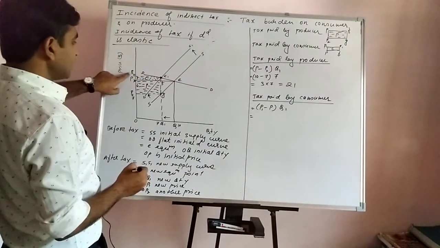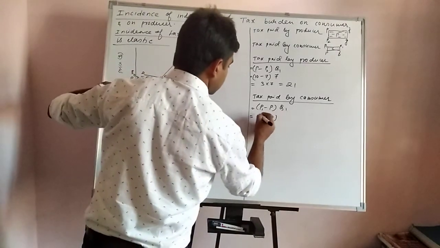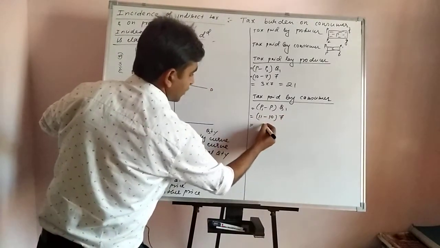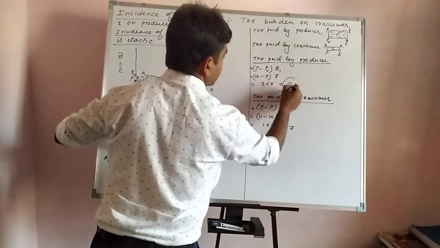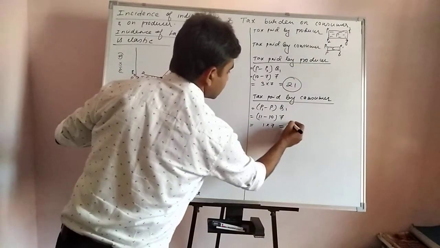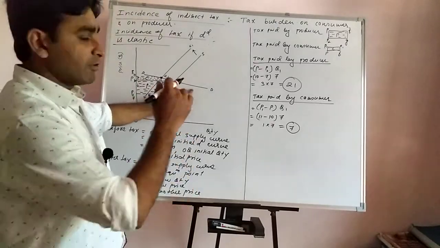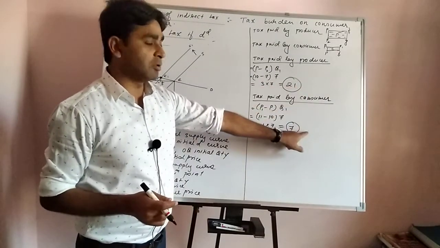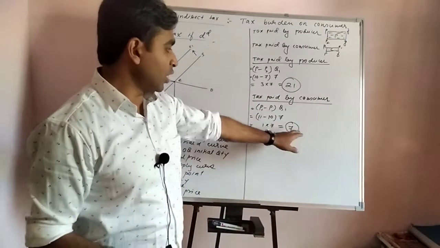So P1 what is the value? 11 and P 10. Q1 we have 7, we're given 7. 11 minus 10, 1 into 7 equal to 7. So tax paid by producer is 21, fine, and tax paid by consumer is 7. So who is paying high tax? If demand is elastic, if demand is flatter, remember producer will be paying high tax and consumer will be paying less tax. So there will be more tax burden on producer and less tax burden on consumer.